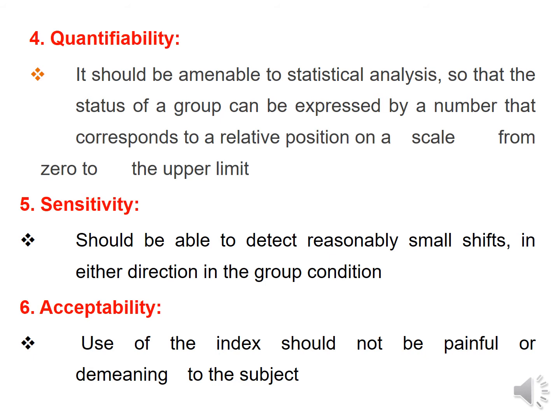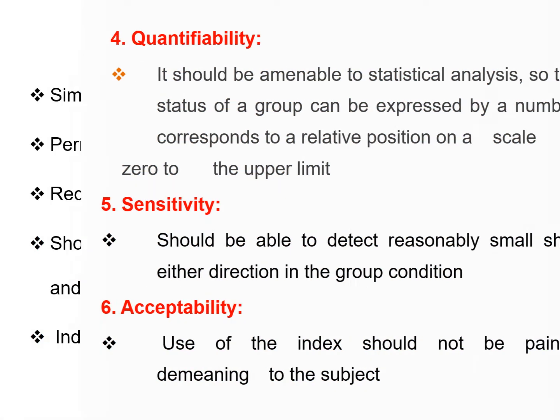The fifth one, an index should have sensitivity, should be able to detect reasonably small shifts in either direction in the group condition. And the sixth one, acceptability. The use of an index should not be painful or demeaning to the subject.